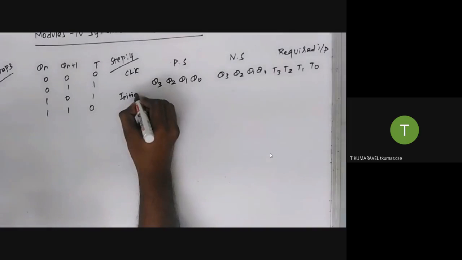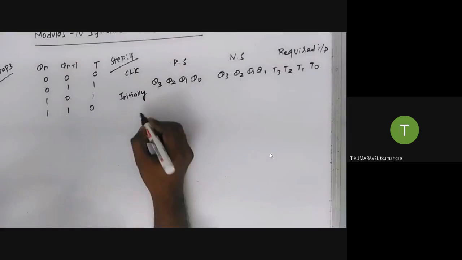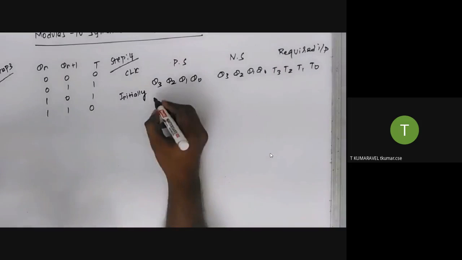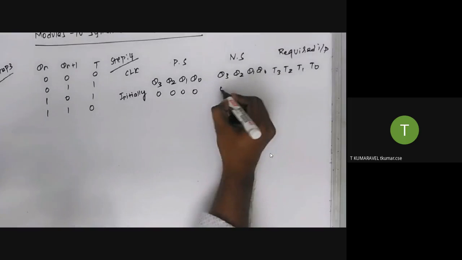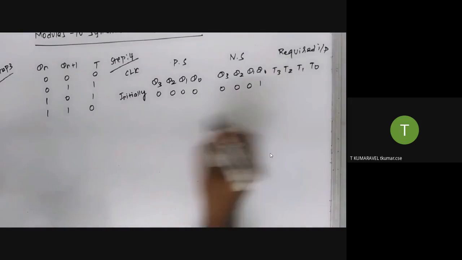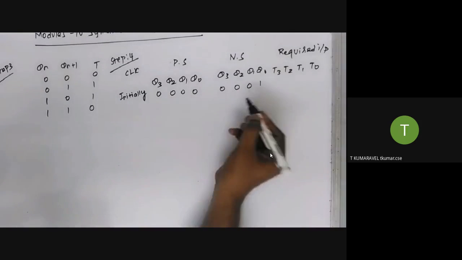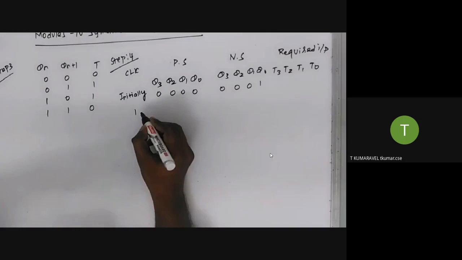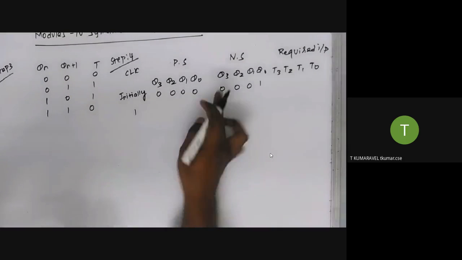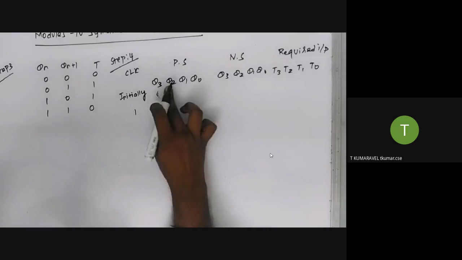First, what is the state initially for all the flip-flops? How do you fill up the table? Based on the state, the initial state is 0, 0, 0, 0 and the next state is 0, 0, 0, 1.